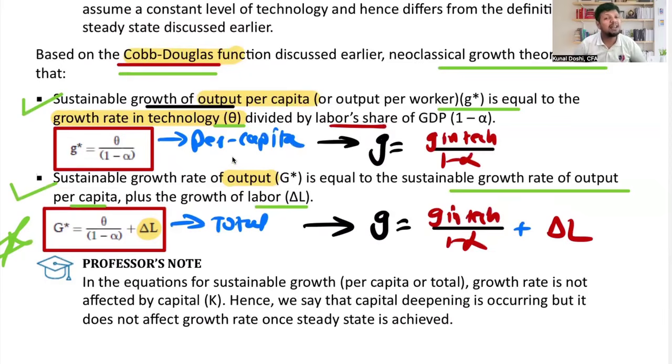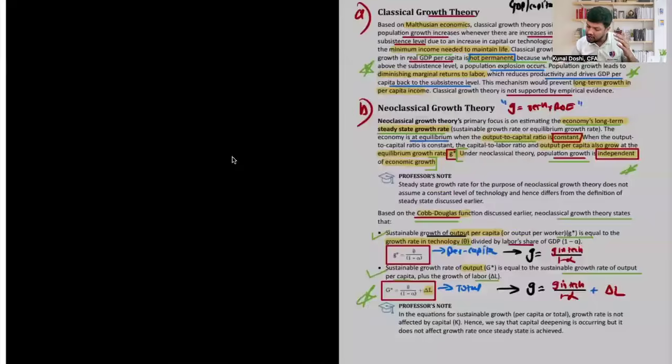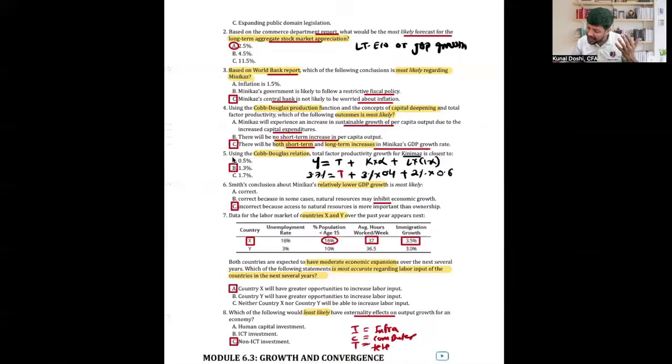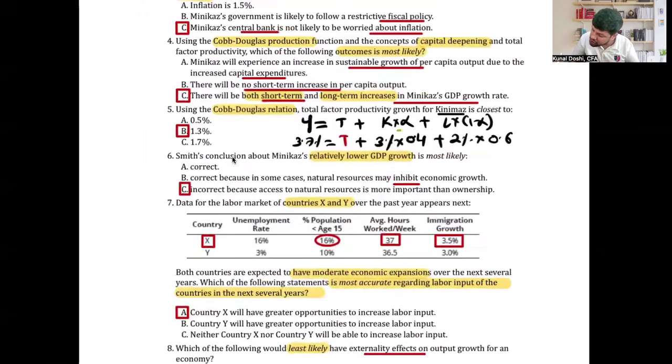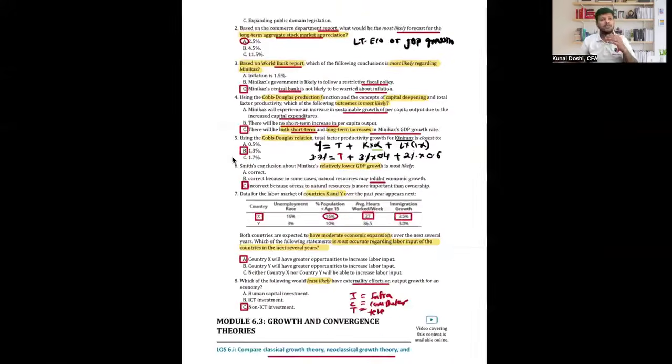What is alpha? Alpha is the proportion of capital in the economy. Remember here, alpha. Throughout the syllabus, when we say alpha, here alpha is the proportion of capital in the economy.